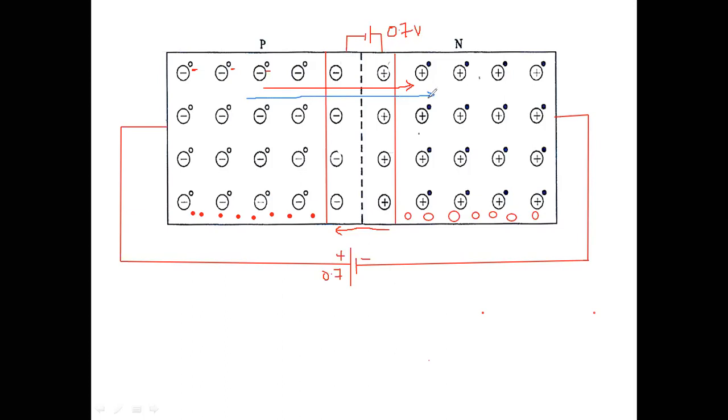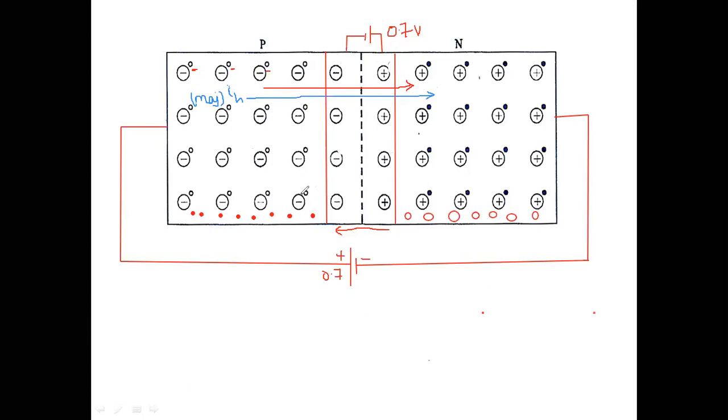So this is the direction of current due to holes, which I call IH. IH is due to majority charge carriers.